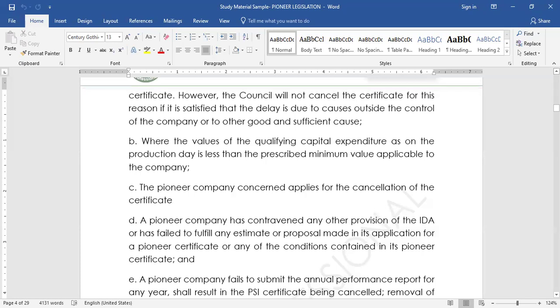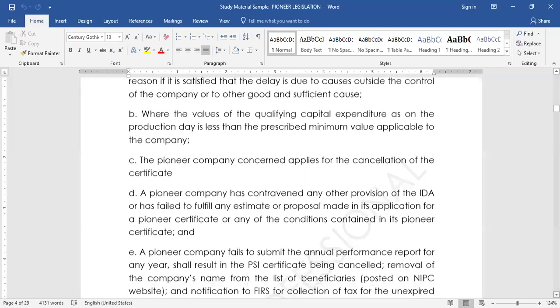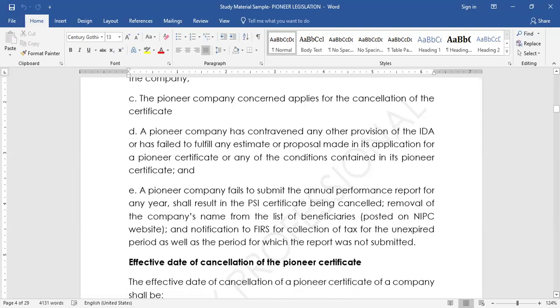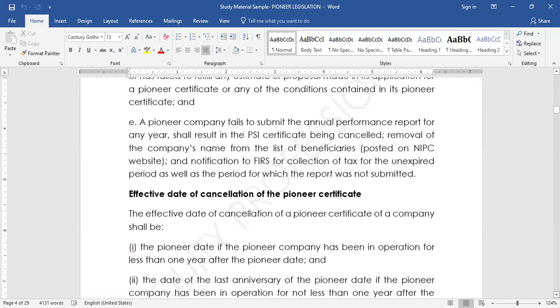Another condition that will lead to cancellation is when the company fails to submit annual performance reports. As a company, you have been given a pioneer certificate. During the pioneer period, you fail to submit the annual performance report for a particular year. That means FIRS will cancel that pioneer certificate. They will cancel your pioneer incentive. All these are the conditions that will lead to cancellation of pioneer certificates.